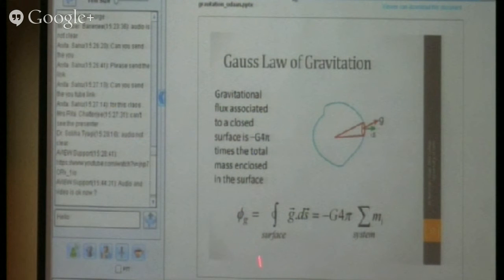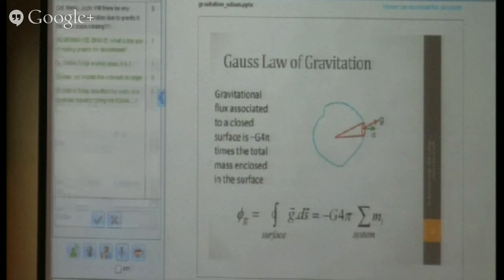That means this law is applicable only when you take a closed surface, right? That is equal to minus. Capital G is the universal gravitational constant. 4 pi is a constant. Then the summation of the mass mi in that system which is enclosed by the surface. See what I'm saying?